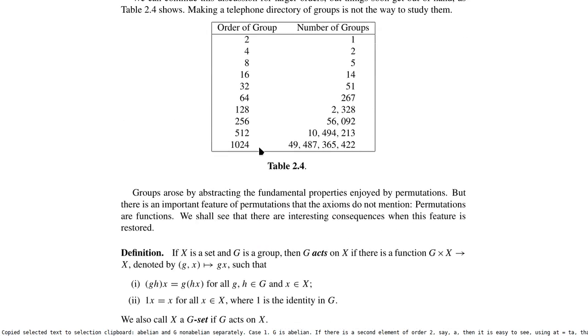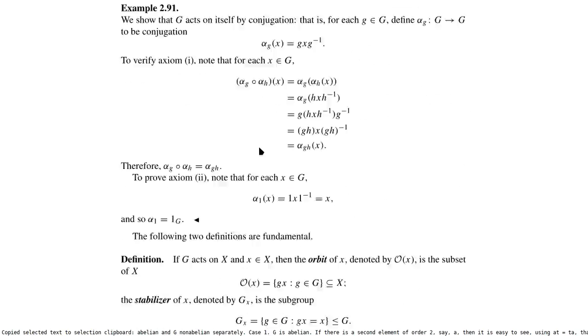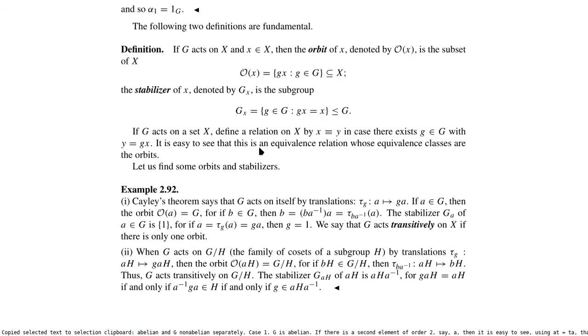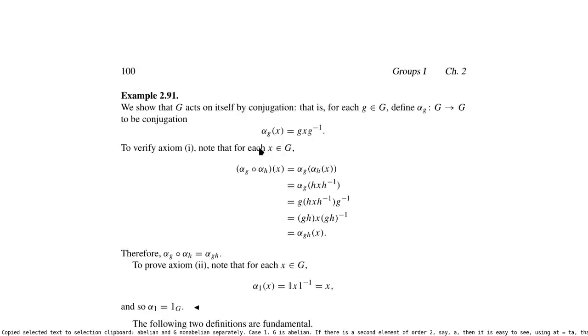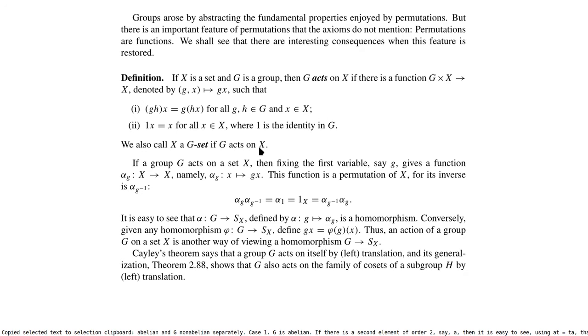Okay, so let's see what we mean by group actions. It gives a number of examples of that, and we'll see. Okay, so you have a set X, and you have a group G. Now this group is going to act on the set if you have a function taking you from the Cartesian product G times X to X, right?